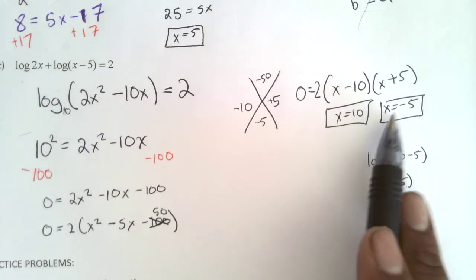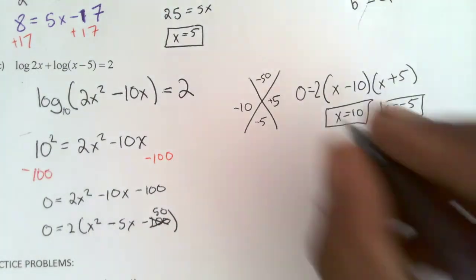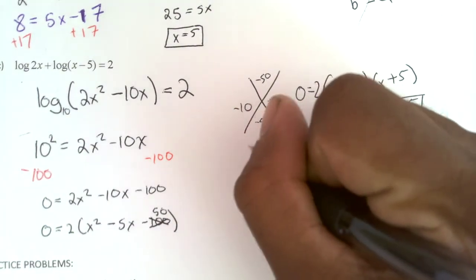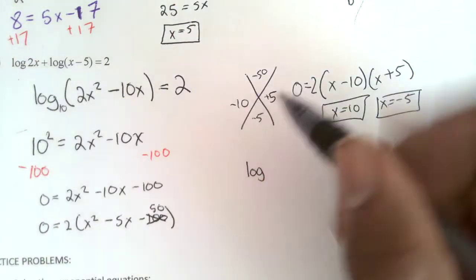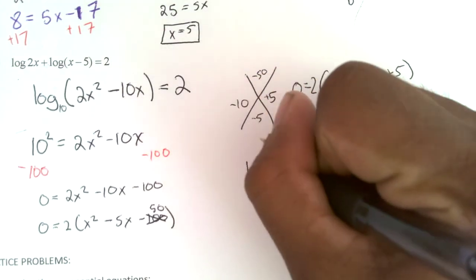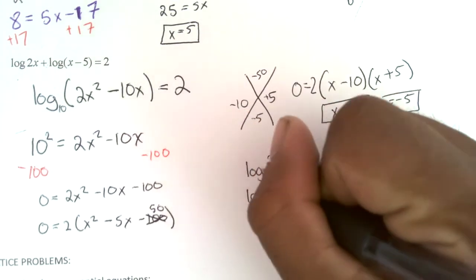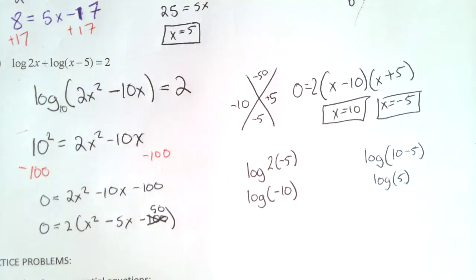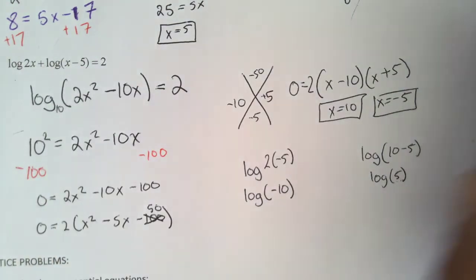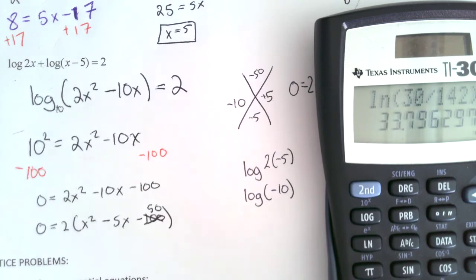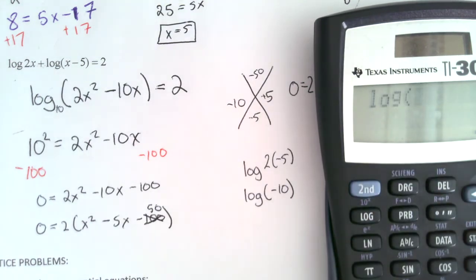But look here. If I plug this in, I can just look at one part because I don't have to look at both, but if there's a part where an error will occur, meaning a negative number, this is an issue. Log base 10 of negative 10. If there's a part that's not going to work, we can even see in our calculator, look at this. Log, I don't have to put 10 because it's log base 10.